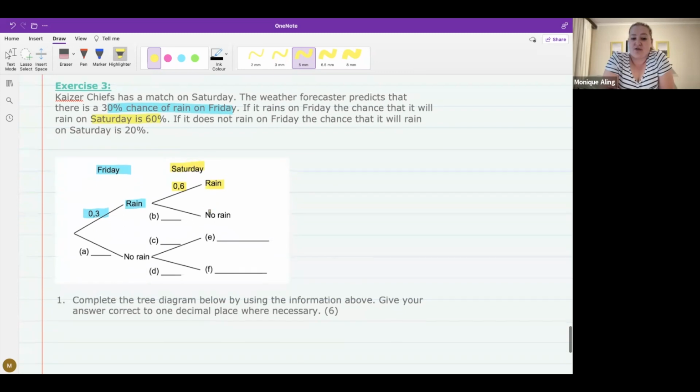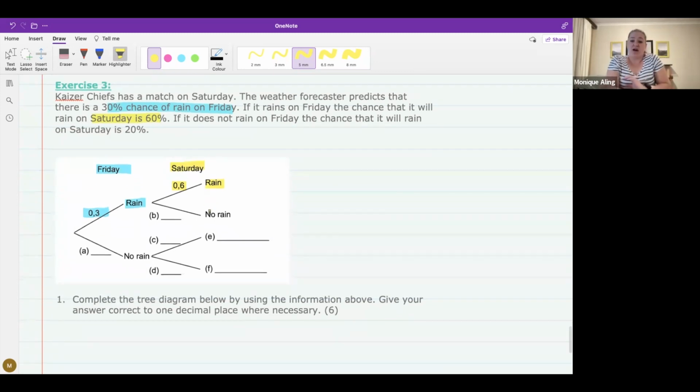Okay, so I'm going to ask you guys to try fill this in. If you have any questions, you can ask in the chat. But I just want you to try figure it out, and then we'll go through it step by step. So the question is, complete the tree diagram below by using the information above. Give your answer correct to one decimal place where necessary.